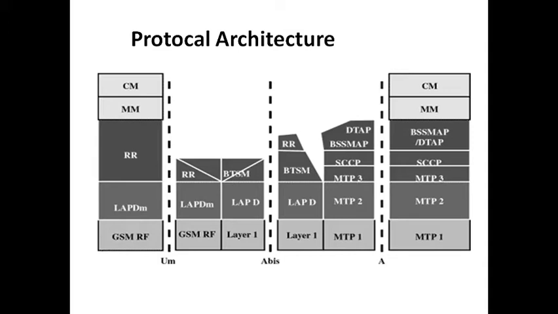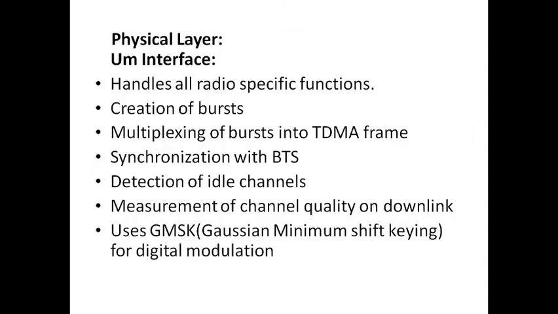This Um interface lies in the physical layer, that is layer 1 in the OSI model, and this physical layer plays a major role in this protocol architecture for signaling. So the physical layer handles all radio specific functions.